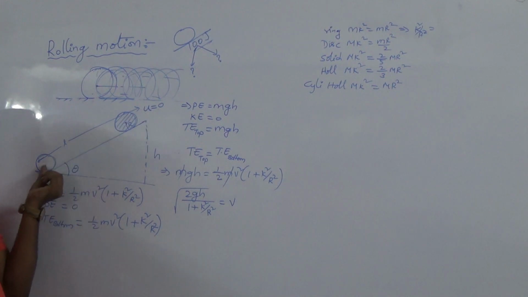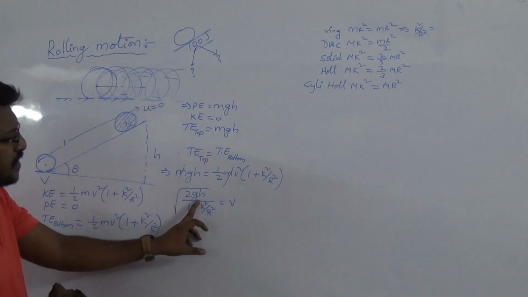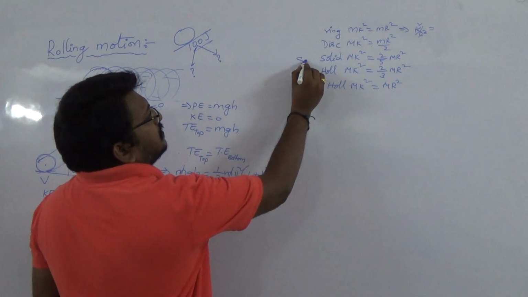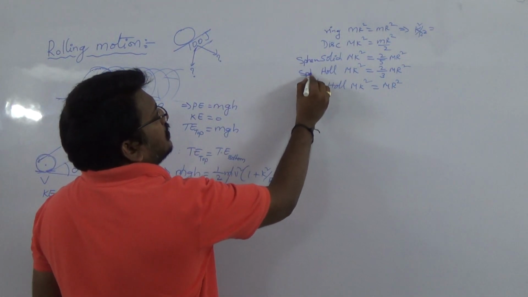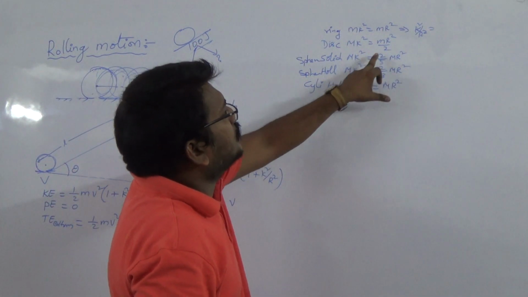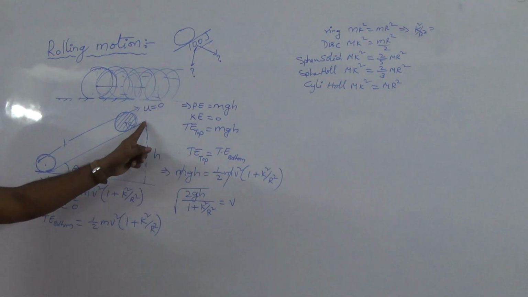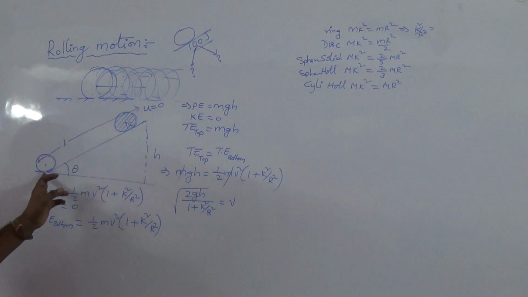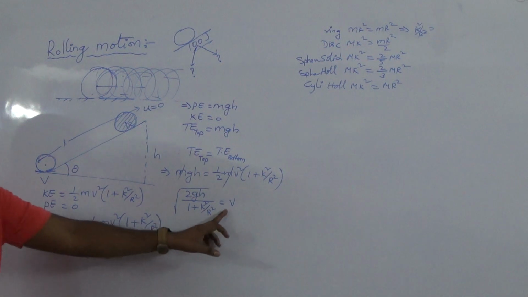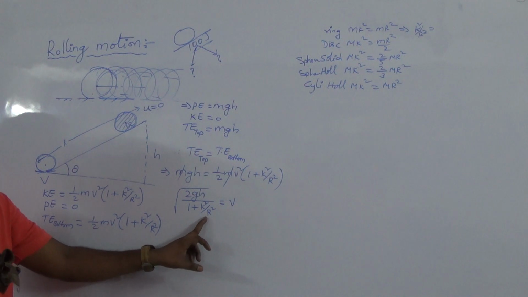What is the velocity of the solid sphere at the bottom? Here k square by r square for a solid sphere is 2 by 5. Substitute it, and we get the velocity of the body when it reaches the bottom of the inclined plane in rolling motion: v equals the square root of 2gh by (1 plus k square by r square).